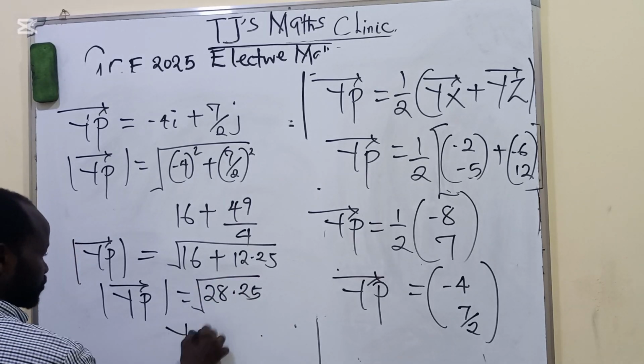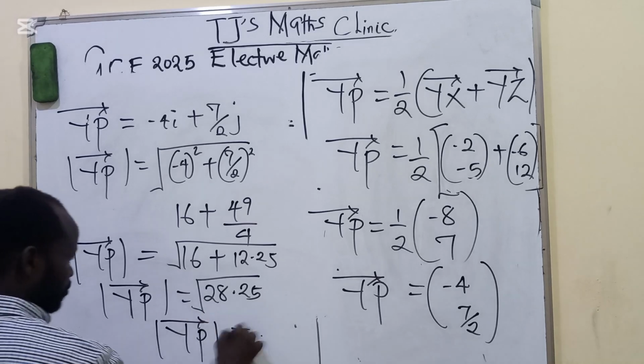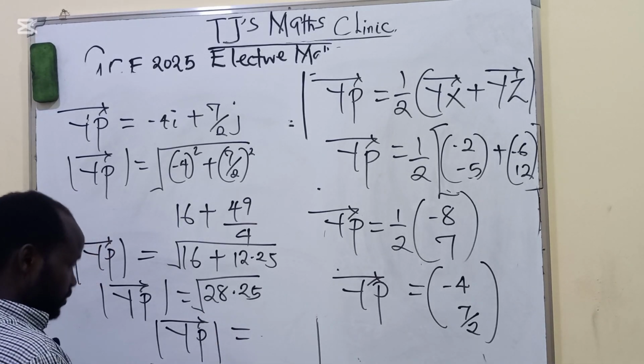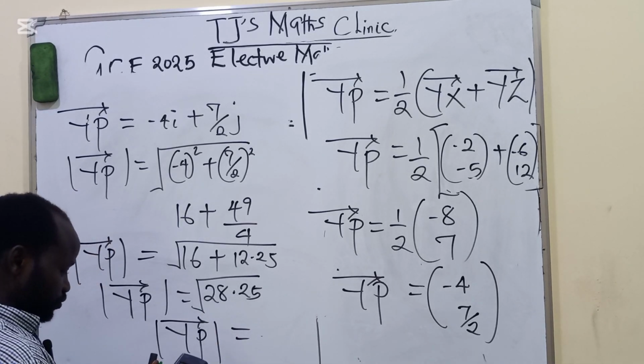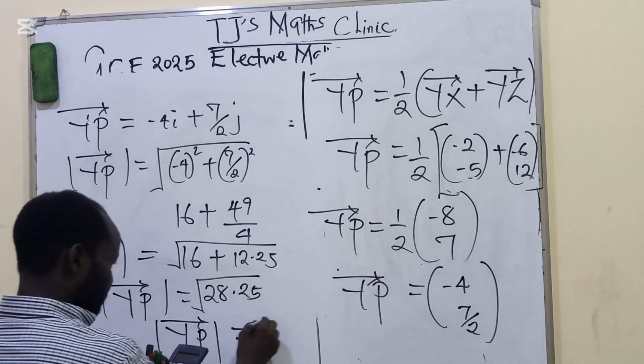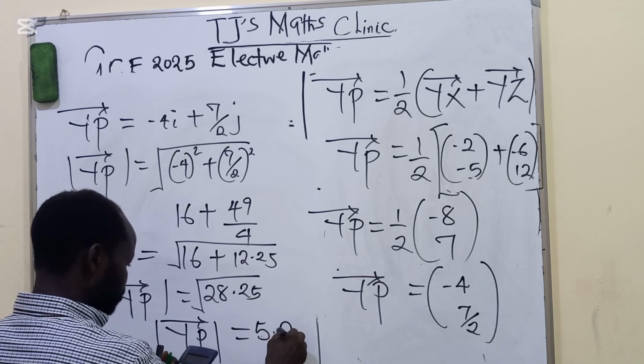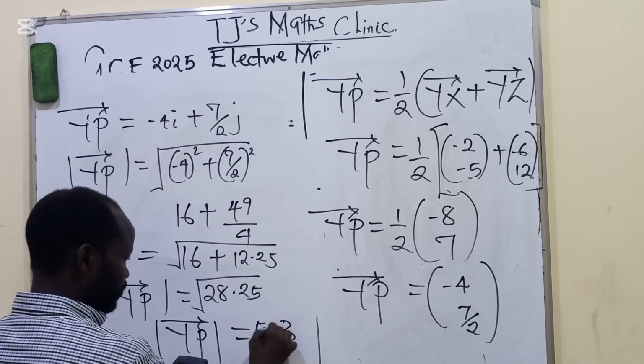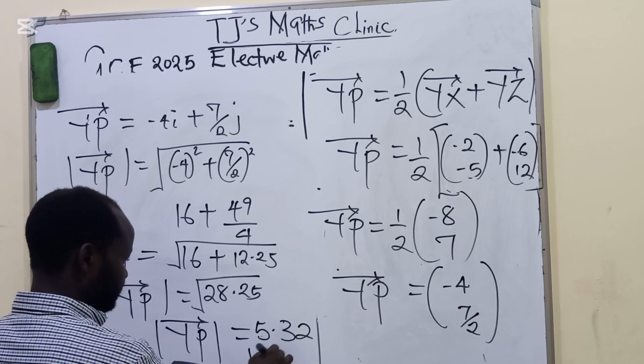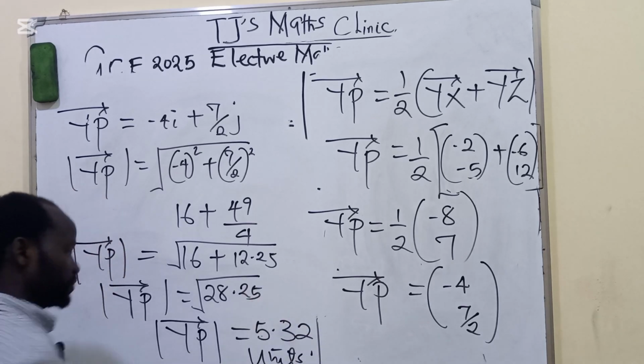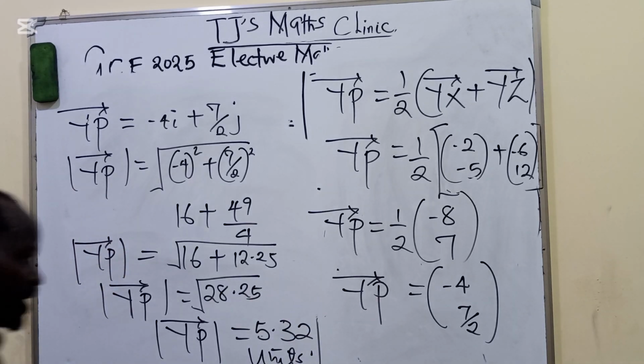The magnitude of vector YP will be 5.32 units to 2 decimal places.